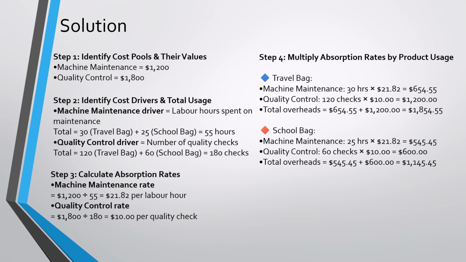If we need to calculate machine maintenance cost for travel bags, we will use the 30 hours spent on travel bags machine maintenance and we will multiply it with $21.82 per labor hour, which will give us the total overhead cost for machine maintenance for making travel bags.